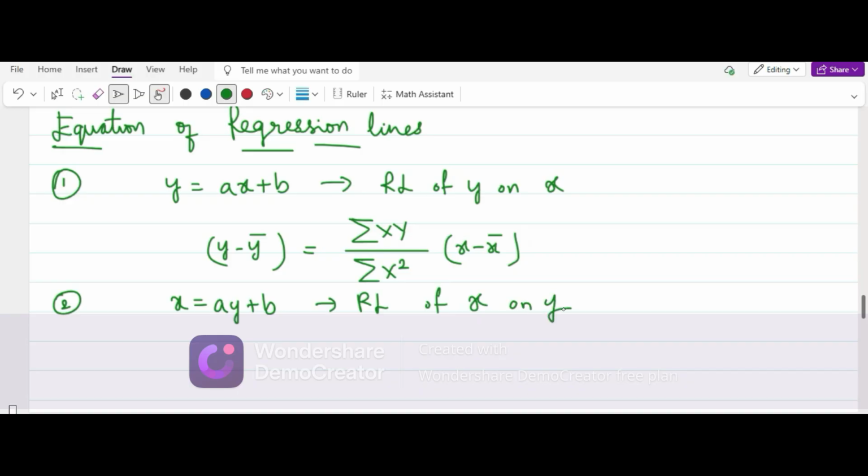That is given, in a similar manner, by x minus x bar equal to summation xy divided by summation y square into y minus y bar. In a similar manner, we can write this.